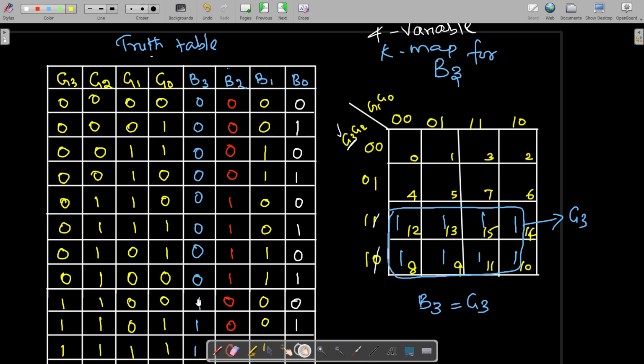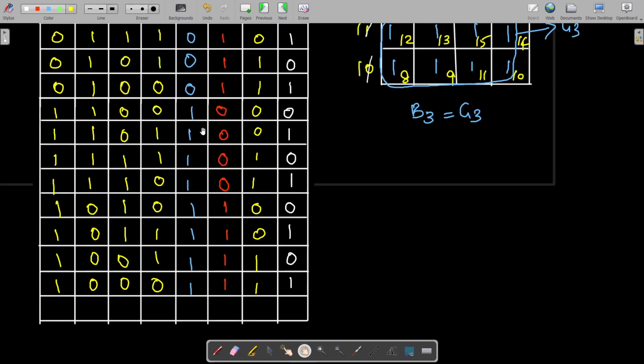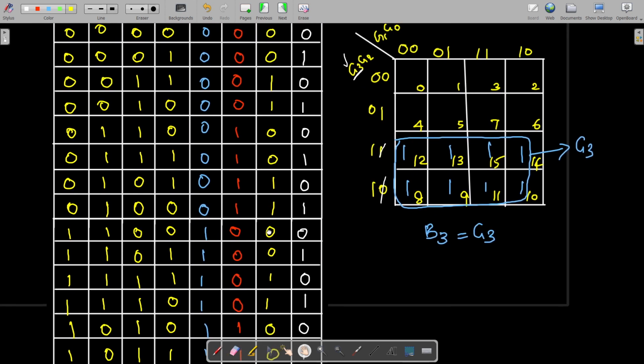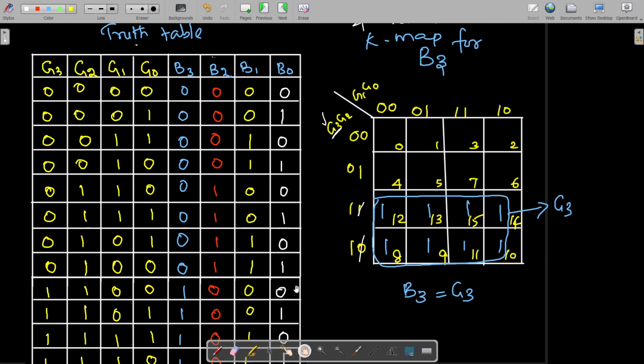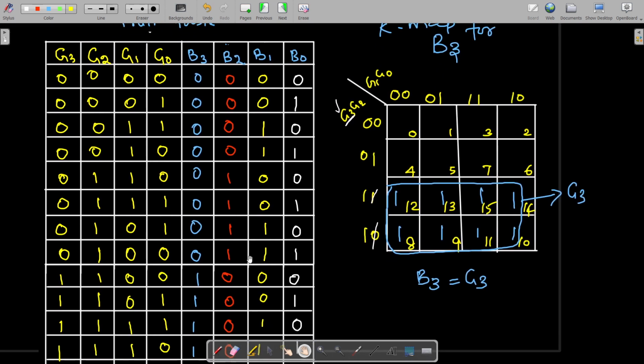Because if you see here, we have 8 ones for this, isn't it? For each and every one, if you write the Boolean expression, it would be a tedious process. So instead of having the Boolean expression first and then placing it in the K-map, we are directly moving on to the K-map. By looking at these values from the table, we can place the ones.